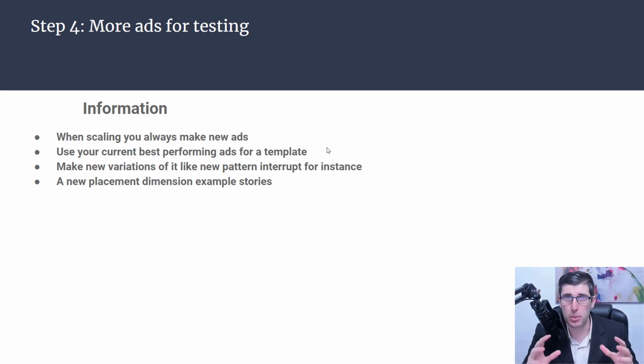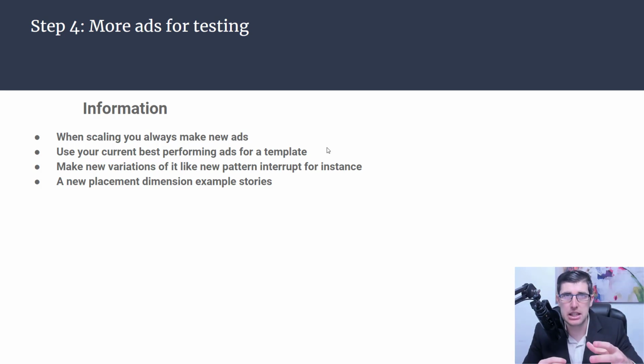If you've got a winning ad or thumbnail or something, use that as the basis and then make something slightly different. Don't make something completely different. Use something similar, and you can repeat that process and hone in on it until you make better and better ads. So it makes it very easy for you to determine how to make new ads rather than just going off your gut feeling.